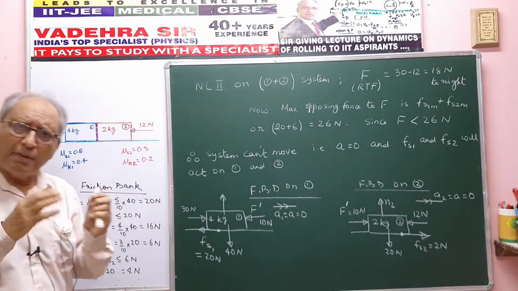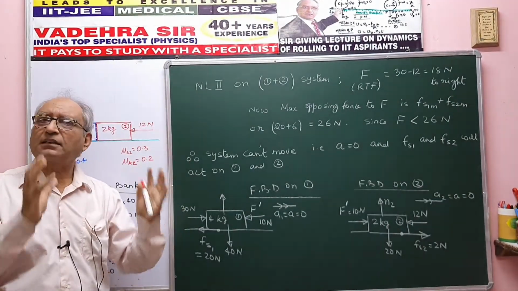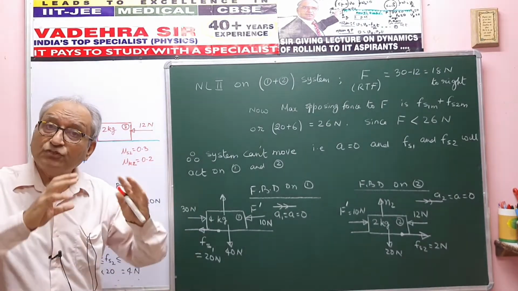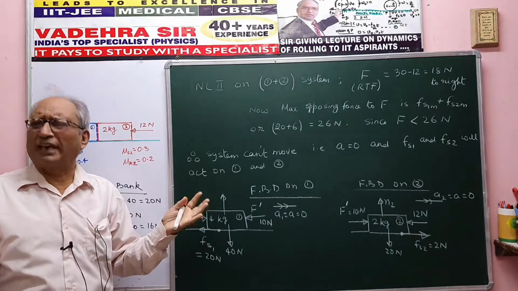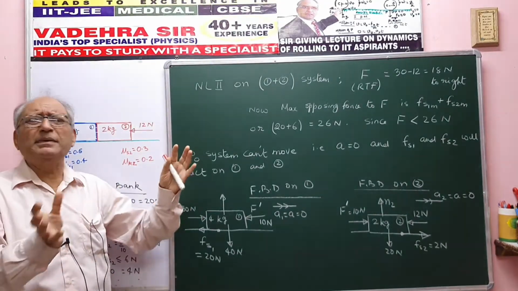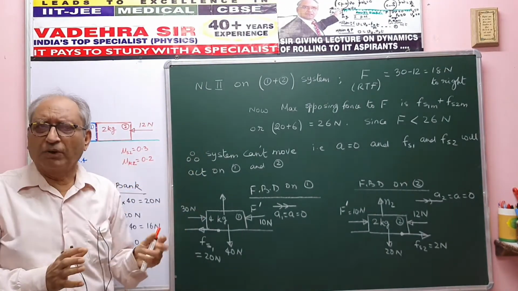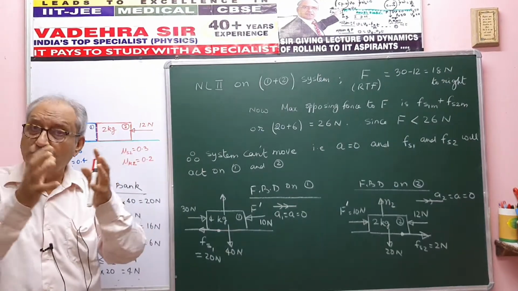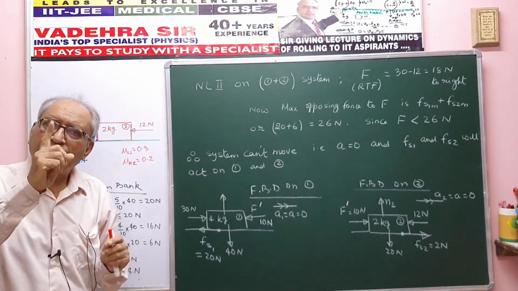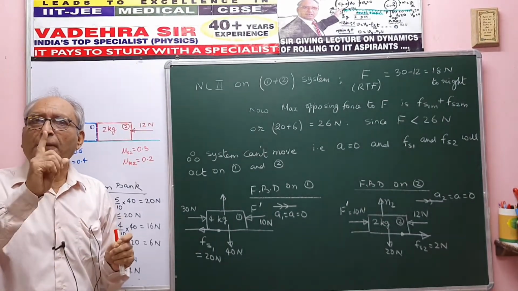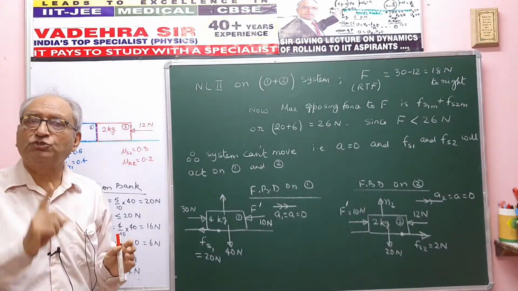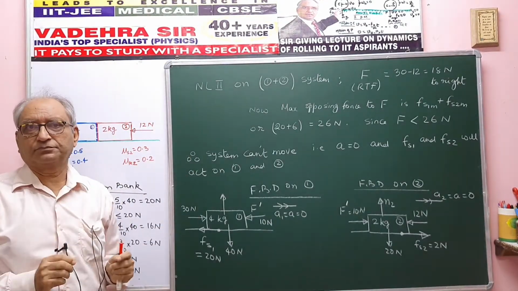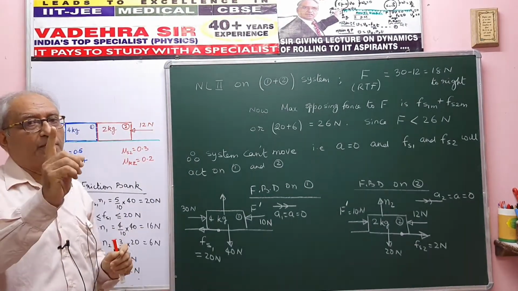Let's start now. Remember, whenever you are tackling a problem on the application of Newton's laws in the case of connected bodies, a single body is okay. Maybe I will not even make a video on the single body. If your connected body is like this, block 1 and block 2 connected together, then first and foremost, you apply Newton's second law on the whole system, taking the whole system as one body.